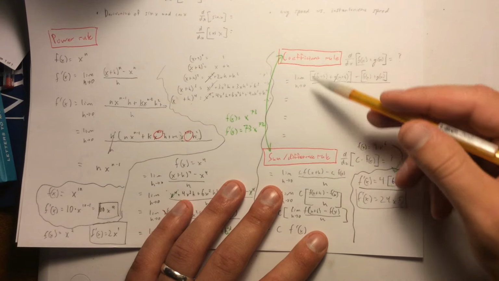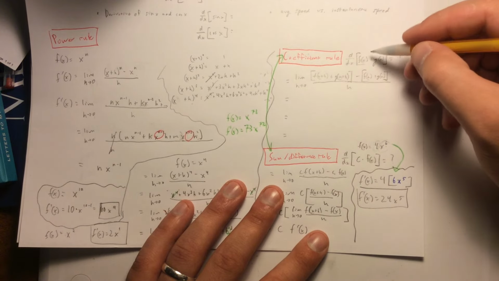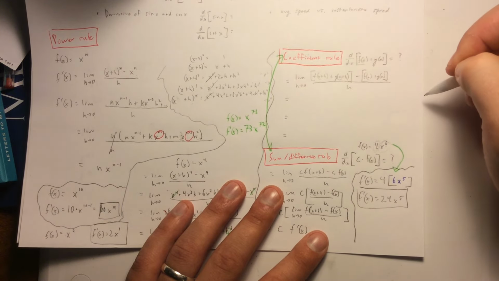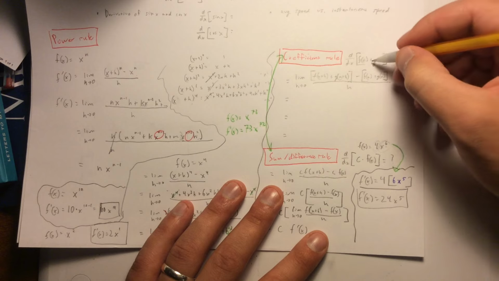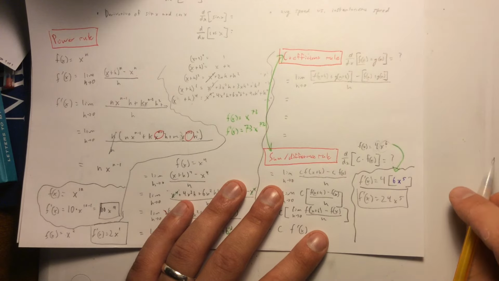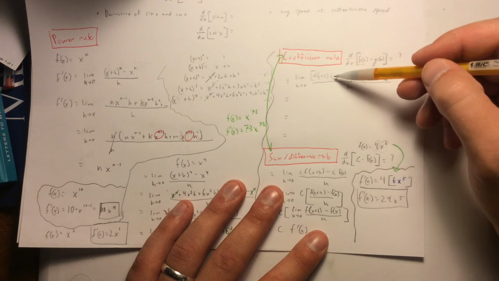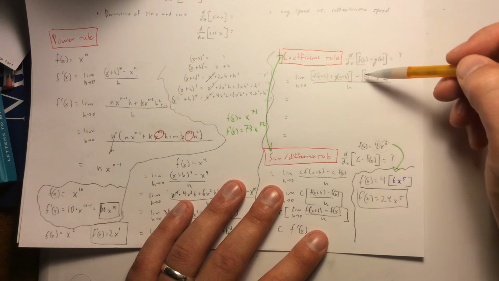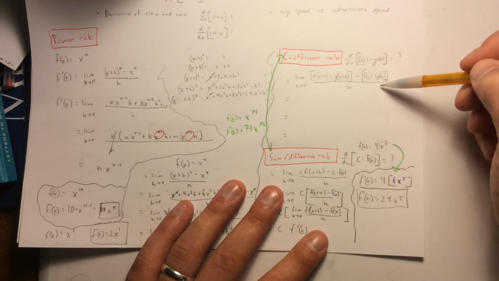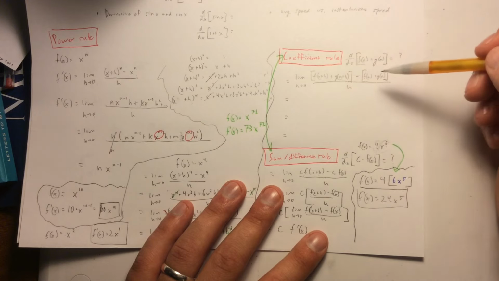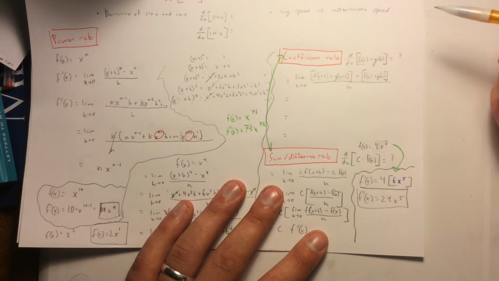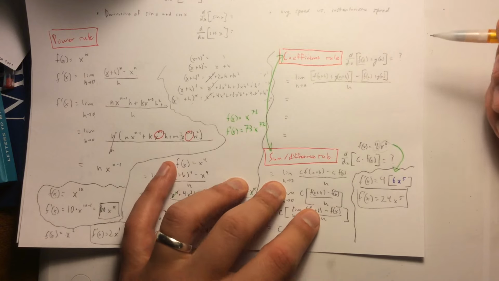The sum and difference rule, which is up here. If I've got a function plus a function, I have to take the derivative of it. Or it could be minus, doesn't matter. Well, what's the derivative going to be? The limit as h approaches 0 of f of x plus h plus g of x plus h minus f of x plus g of x, all over h. That's the formal definition of a derivative.